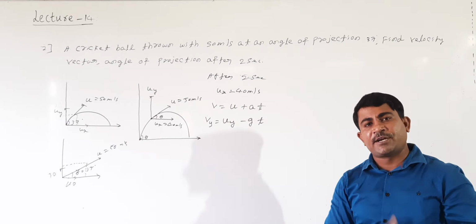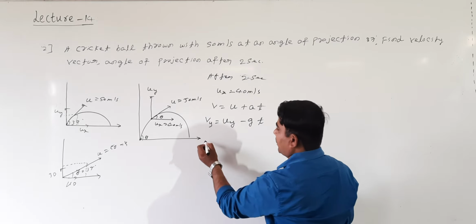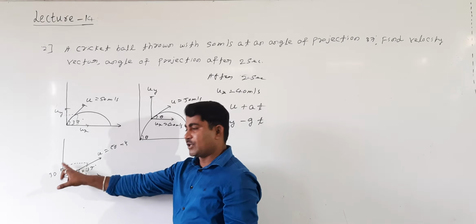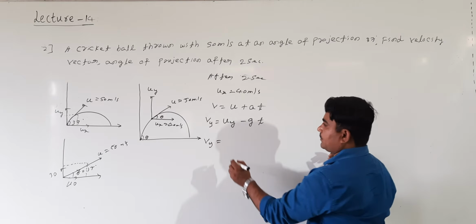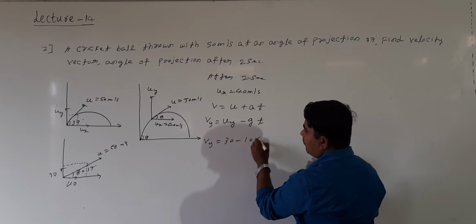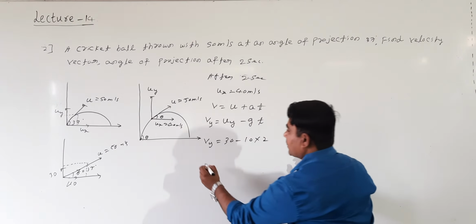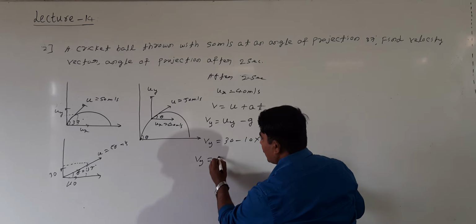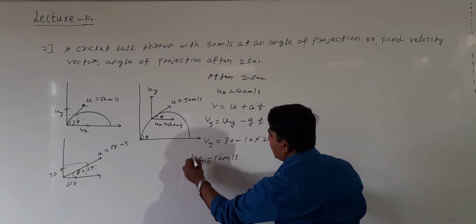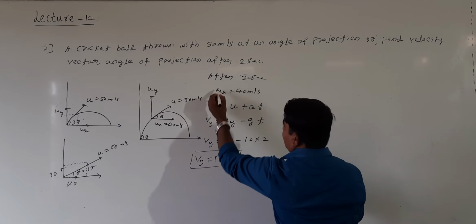Right, after 2 seconds this is there. Look at me. Vy. Uy initially how much? Uy is 30, initially. g is 10. T how much? 2 seconds. Then what about vy? Vy equal to how much? 10 meter per second.